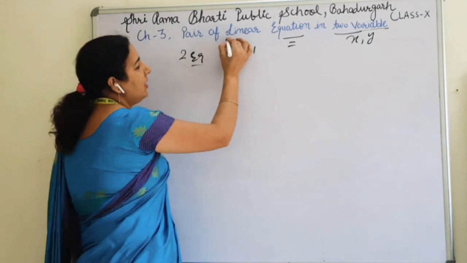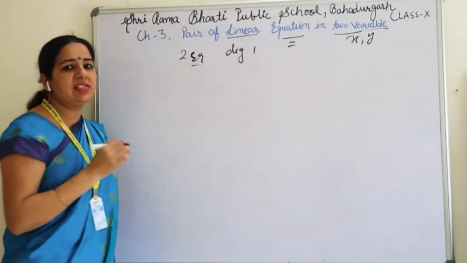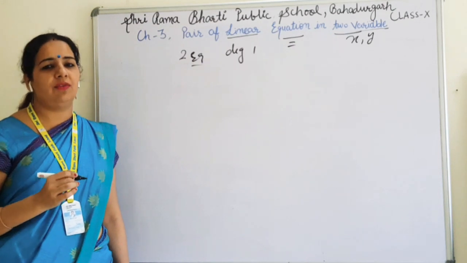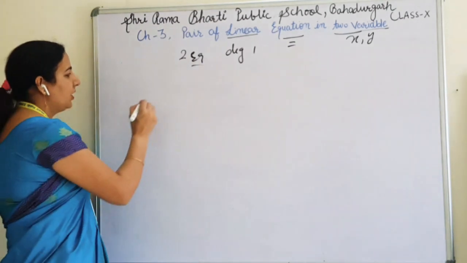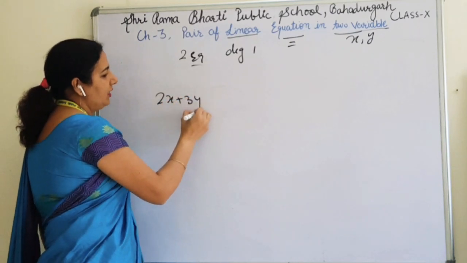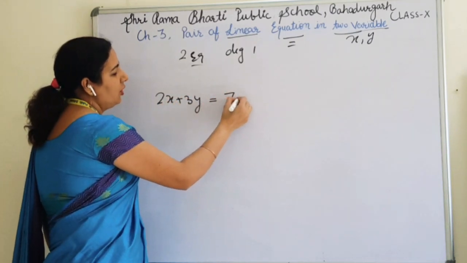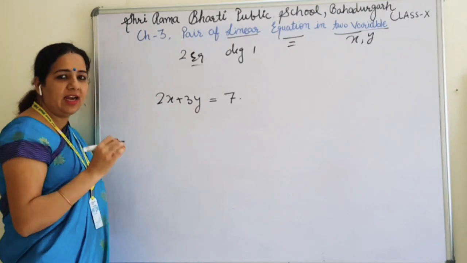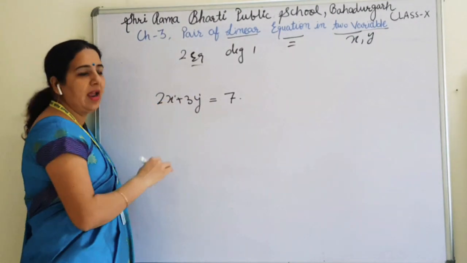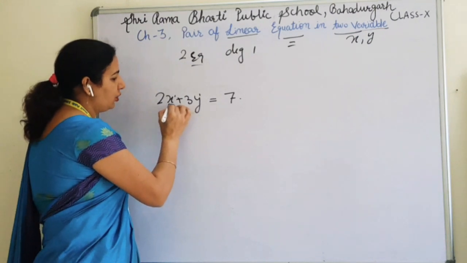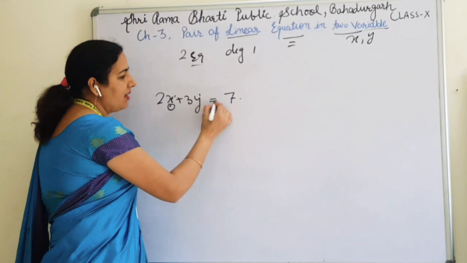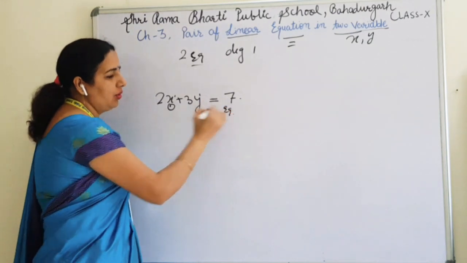And what is the meaning of linear? Linear means having the degree 1, the degree of that equation should be equal to 1. So let me take the first one: 2x plus 3y is equal to 7. This is a linear equation, because the degree is 1, it is in two variables, and the equality sign means this is an equation also.